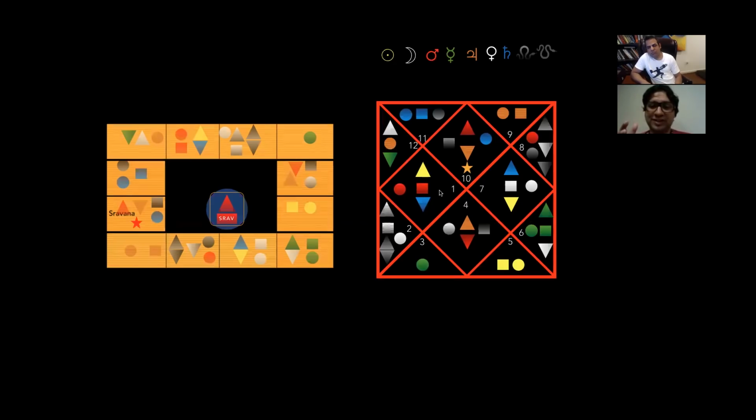What I'm interpreting is that the water pot of which the king's words were to be fulfilled, right? I'm claiming that water pot is actually Aquarius Rashi, because that's the water. Water is being held there. The god Varuna is sitting there, and the king was trying to use that water to get into play.